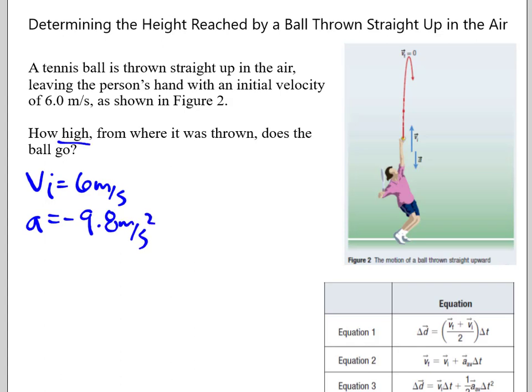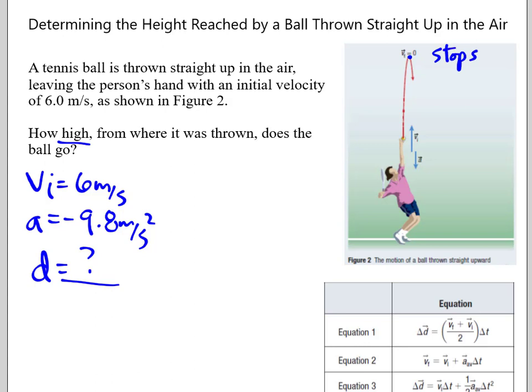So we are asked, how high from where it was thrown does the ball go? So that is what we're trying to find out. Now there's one piece of information here that is not written and that you will be responsible to know and remember. And that is at the very apex, the very peak, at that highest point, the ball actually stops.